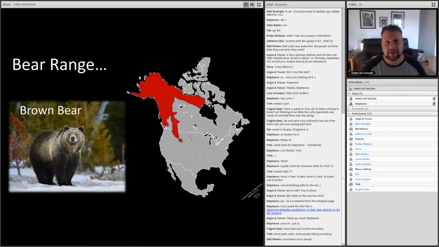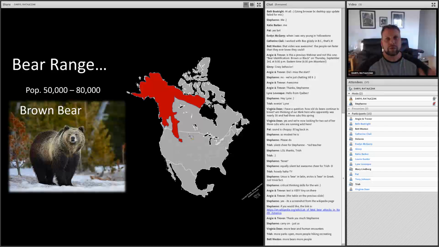And so obviously all of Alaska, far north, western Canada, but it comes down the Canadian Rockies and dips all the way into some of those northwestern states. Idaho, Montana, Wyoming, even parts of Washington have brown bears in it. But if you look at their population, it is much different than black bears. Much smaller, only 50,000 to about 80,000 brown bears.